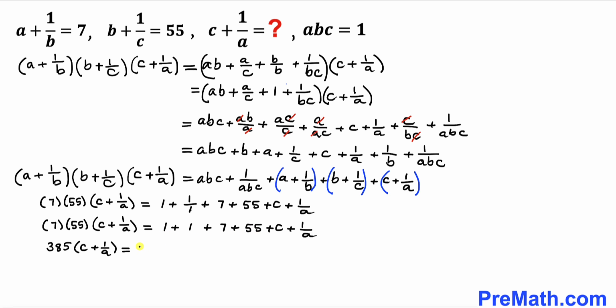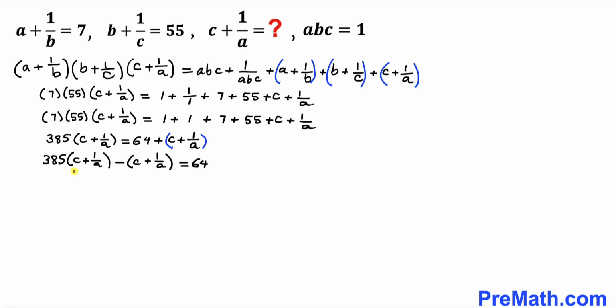So the right hand side is going to become 64 plus c plus 1 divided by a. Now let's move this c plus 1 divided by a to the left hand side. So we have 385 times c plus 1 divided by a already there, and when we move this one to the left hand side it becomes minus c plus 1 divided by a equals to 64.